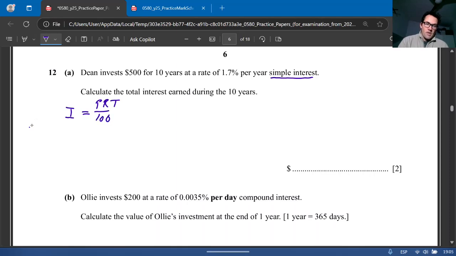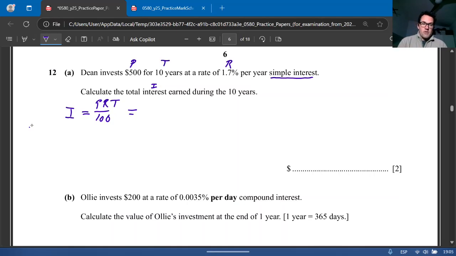I is the interest. P is the original amount you start off with. R, the rate, is the percentage. You just write it as it is because the division by 100 is already in the formula, so don't change that in any way. And T, of course, is the time.